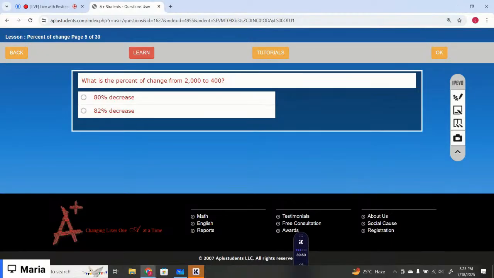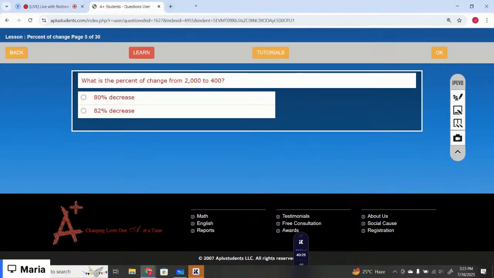What is the percentage change from 2000 to 400? So, which is the correct option? So, 2000 to 400. 2000 minus 400 is 1600, divided by 2000 is 0.8.